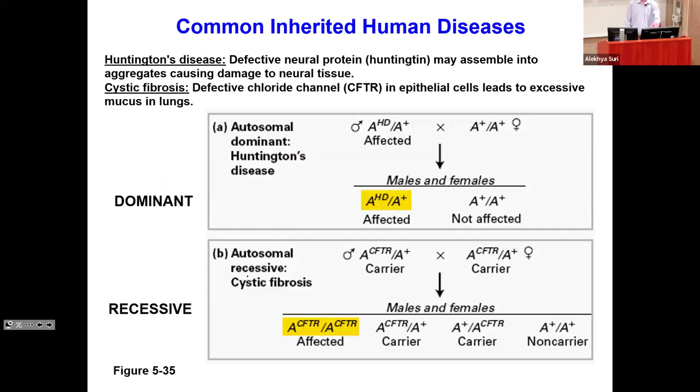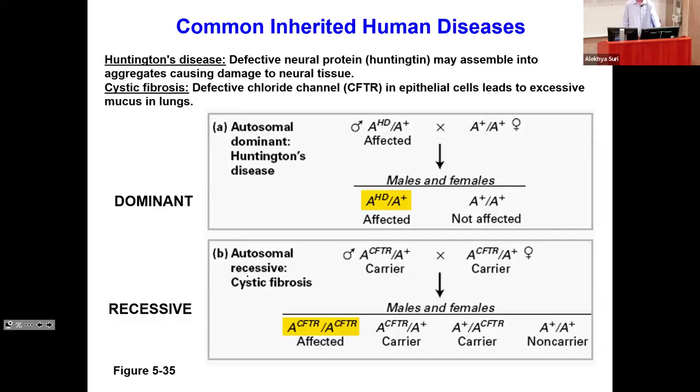These are two examples of dominant and recessive mutation diseases. Huntington disease, for example: if one Huntington gene has a mutation, this individual is already affected by the disease.